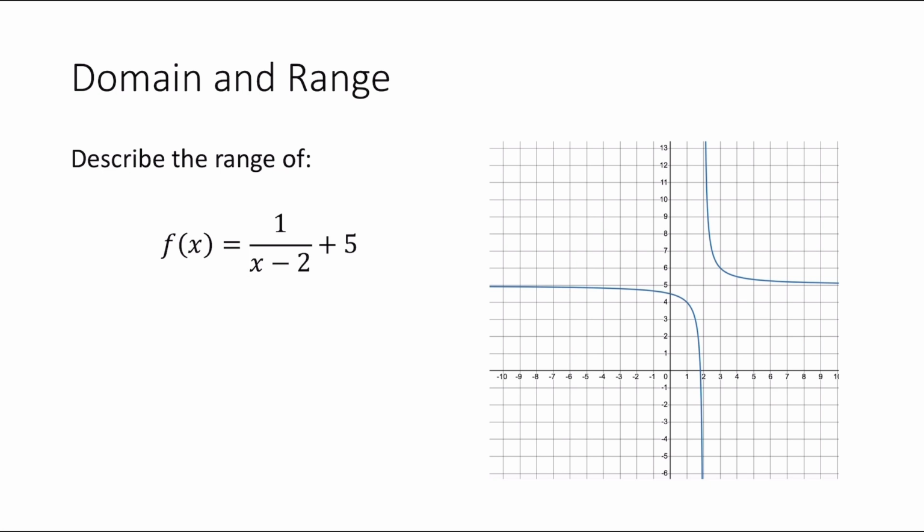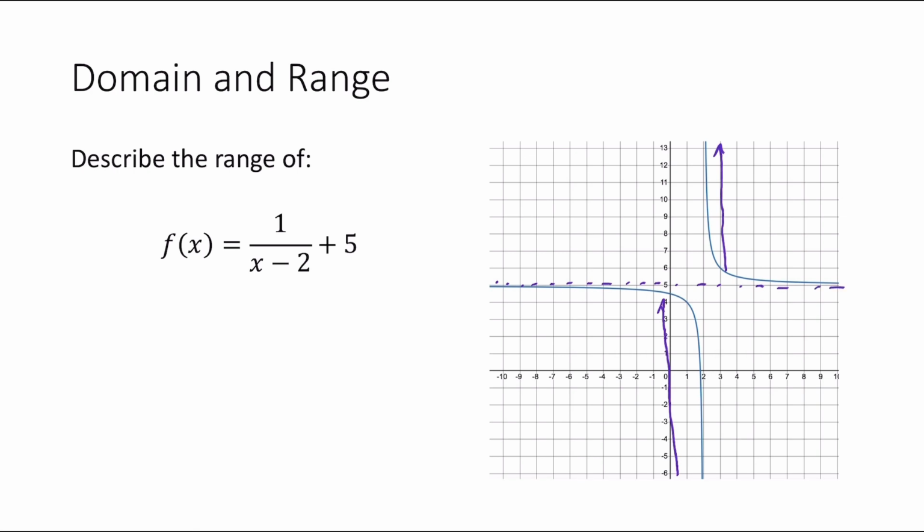What if we describe the range? Let's think about the range of this rational function. Looking at the y values, going up and down, it includes the y values up to here, and then my function jumps, and then I have y values going from this direction. Notice that the y value of 5 is not included.